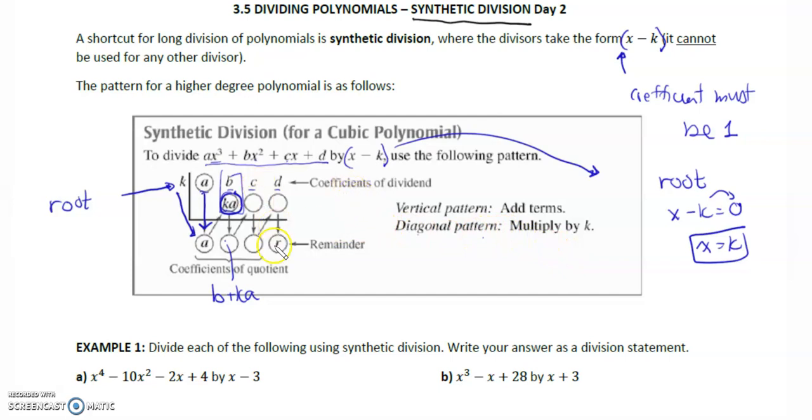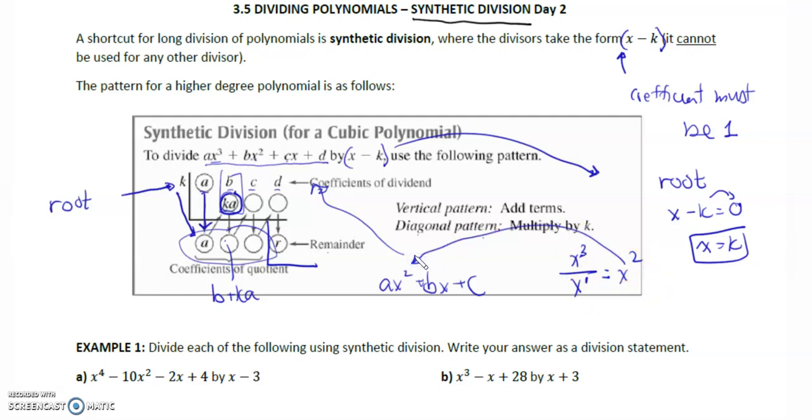When you get to the end, this last term is the remainder. And these numbers are going to be your coefficients in ax squared plus bx plus c in this case. Because if we're going from an x cubed term and dividing it by x minus k, so x to the 1, then we're going to get an x squared. We're going to get a quadratic.